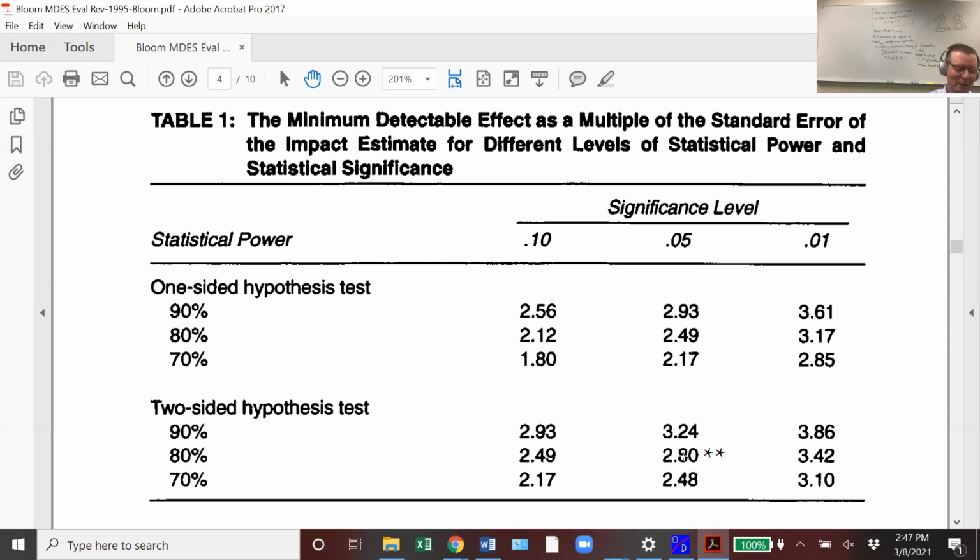If Fragile Families gender affecting child cognitive outcomes has a standard error of, let's say, 0.07, multiplying that by 2.8 gives you about a 0.2 standard deviation level of power, right? 80% power, two-tailed test and everything.